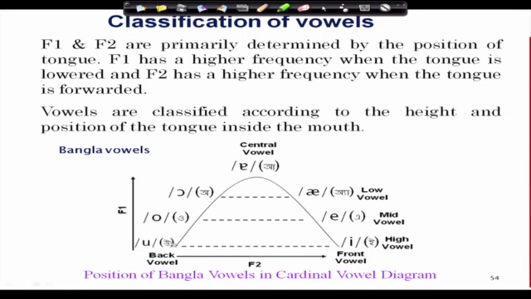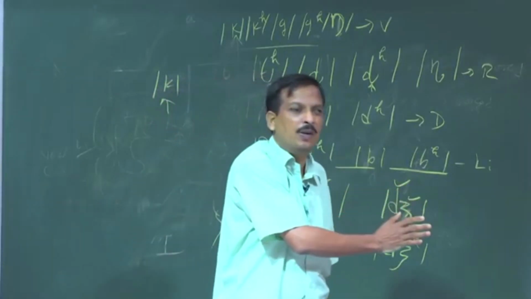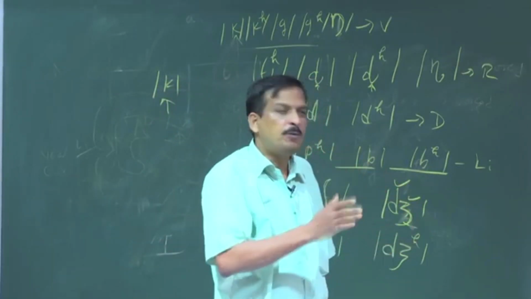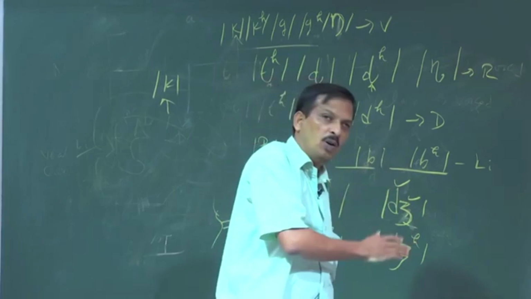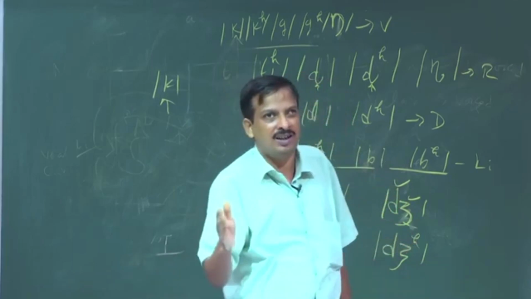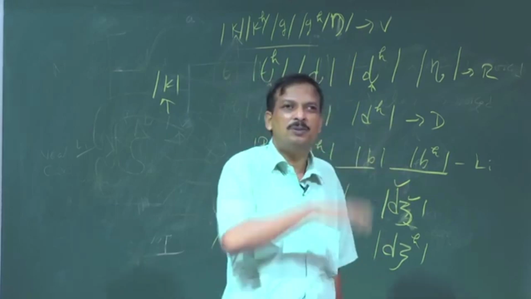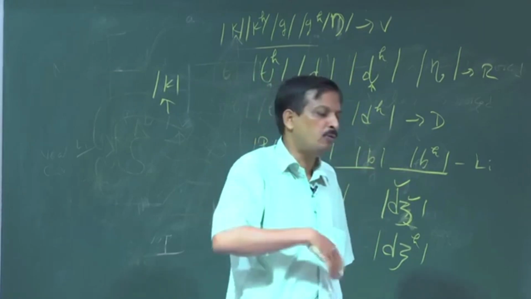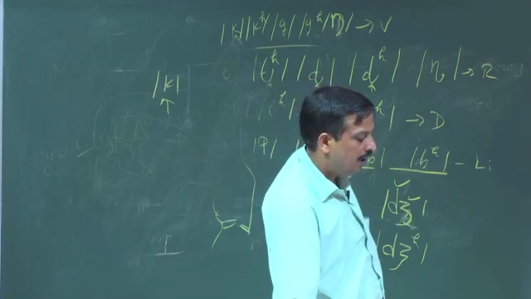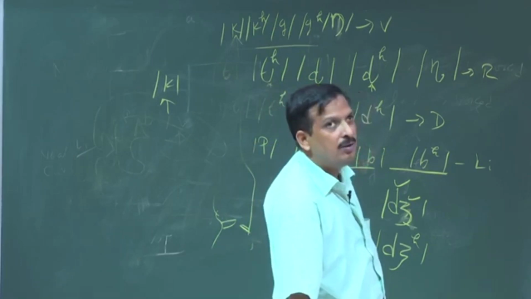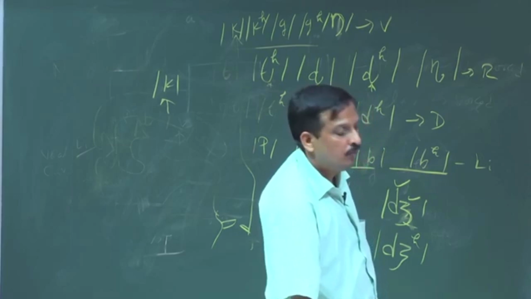If I want to classify between U and E, one is a front vowel, one is a back vowel. In that case the F2 value will be very low for one and very high for the other. So, F2 value will be different, F1 value will be different. Depending on the F1, F2 values, I can place the vowels and immediately understand which vowels can be classified with better accuracy.